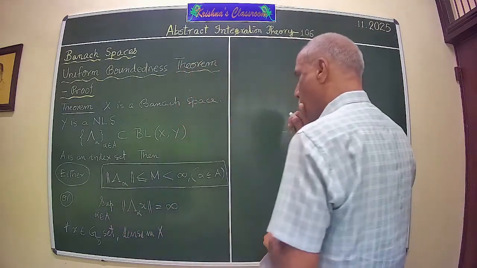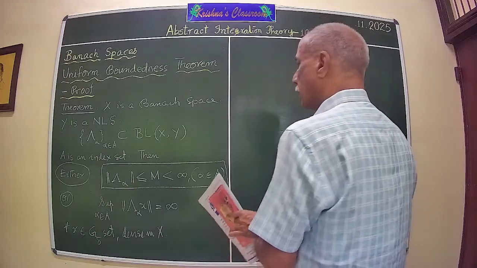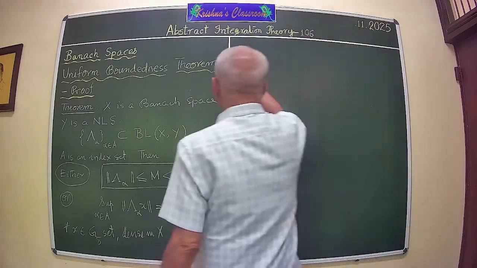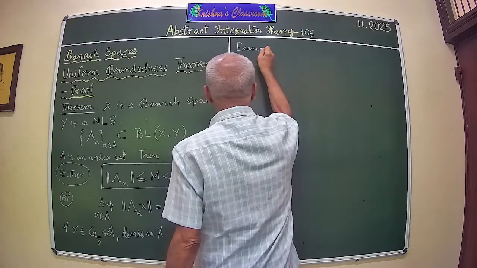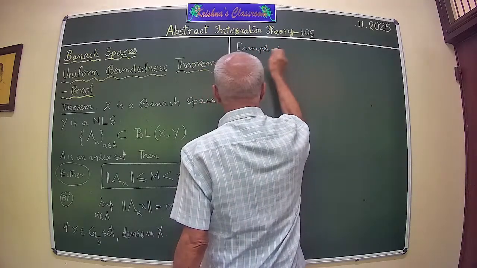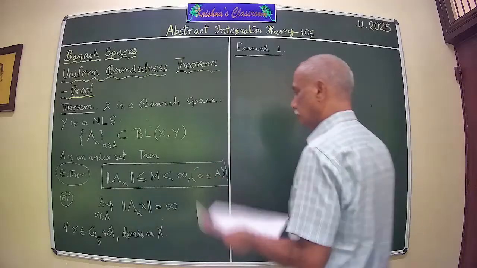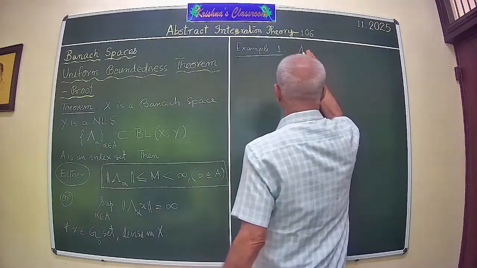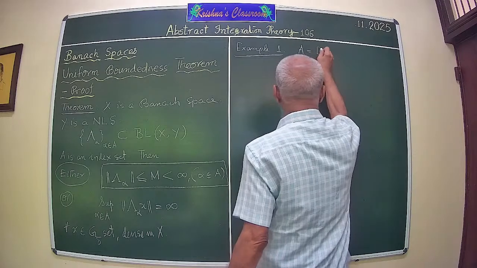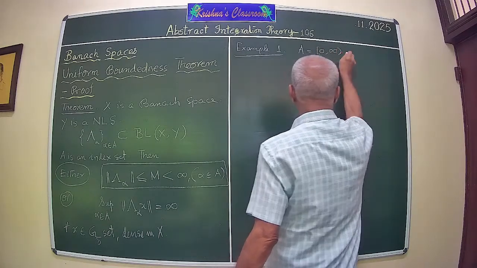Now, before that, I will set two examples. Let me designate it as example 1. Example 1 is the following. A you take as the interval 0 to infinity.